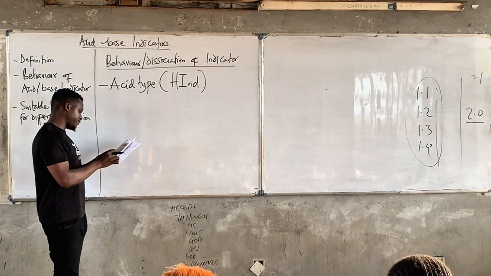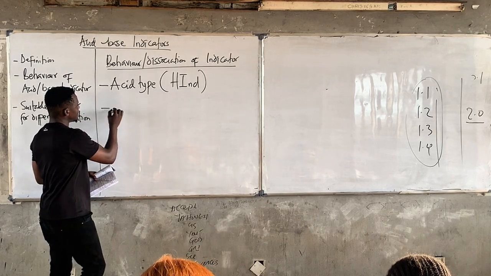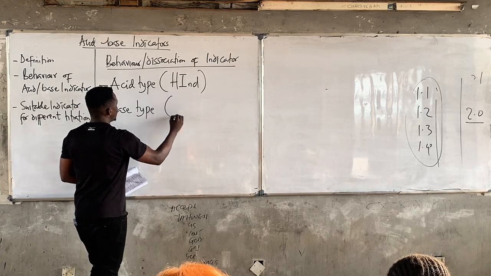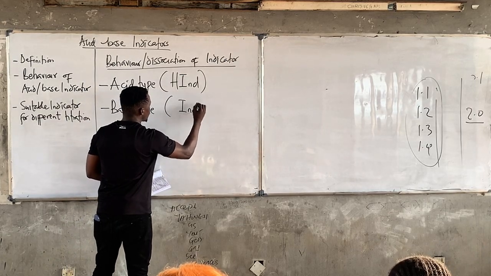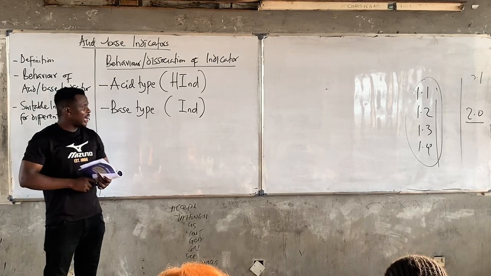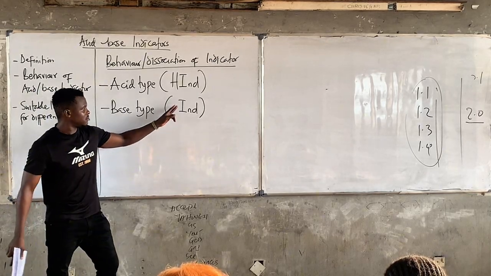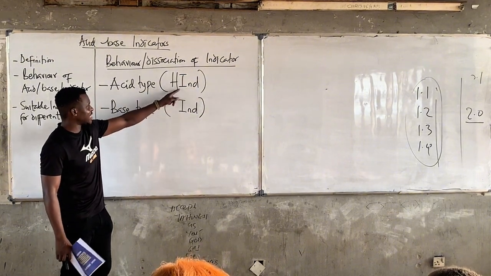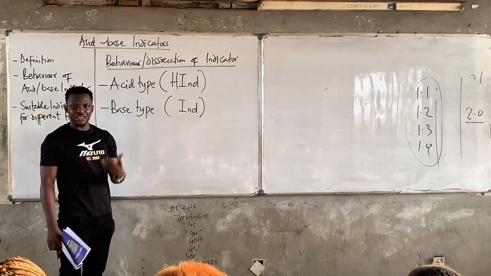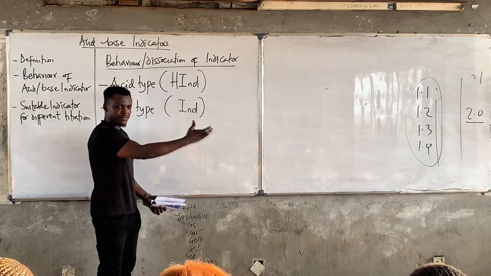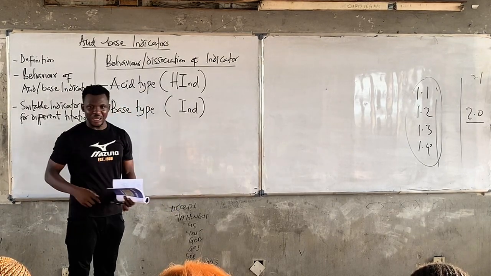Next, we have the base type indicator, which does not have H. This one is going to accept H, while the acid type is going to give out H. So in case you see HInd, this stands for acid type indicator. Why do we call it acid type? Because it's always going to give out hydrogen. The base type is going to accept.